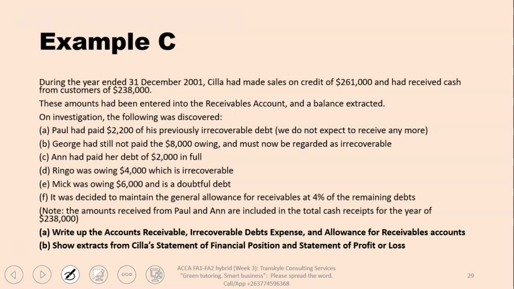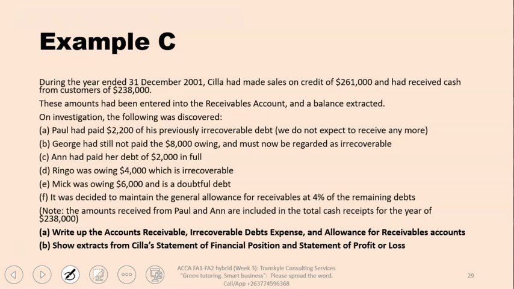If it was decided to maintain the general allowance for receivables at 4% of the remaining debts, note the amounts received from Paul and Anne are included in the total cash receipts for the year of 238,000. Write up the accounts receivable, irrecoverable debt expense, and allowance for receivables accounts, and show extracts from Sila's statement of financial position and statement of profit or loss.